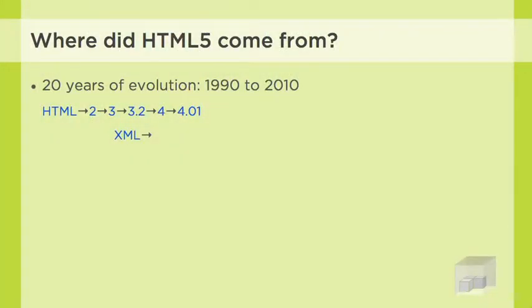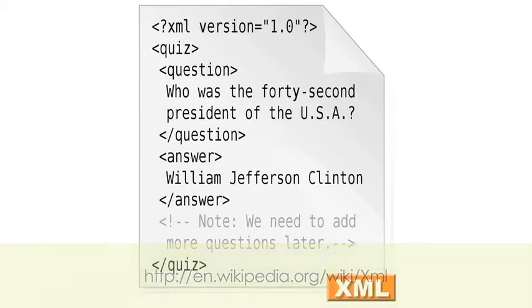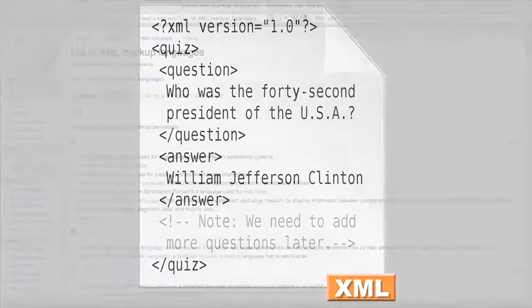In addition, the second advantage that XML was going to bring us was that HTML had a limited set of tags. So for those of you that like to author richly semantic markup, you know that all you had to work with was a very limited set of what was in HTML. XML allowed anyone to make up their own tags. And so we could potentially make up tags for everything on the planet.